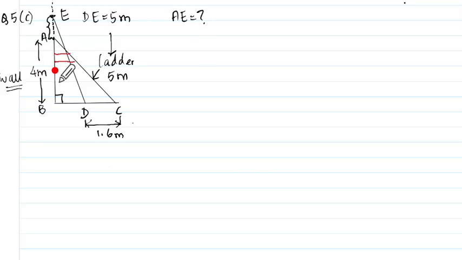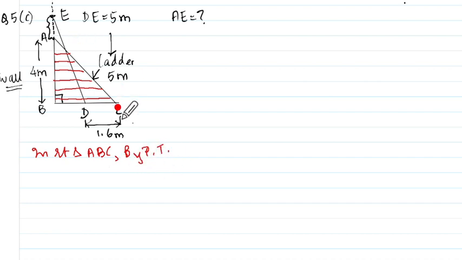This is the original triangle formed by the ladder with the wall, and it's a right triangle. So in a right triangle ABC, can we not use the Pythagoras theorem? What will we get? Write it down on your own. AC square is equal to, correct? 5 square is equal to, how much is AB?